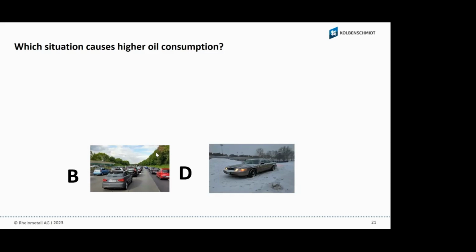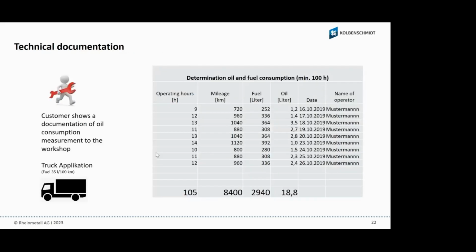The same example I will show you on the truck application. This was a calculation, a documentation, what your customer brings to your garage every time. The truck fuel consumption is 35 liters per 100 kilometers.